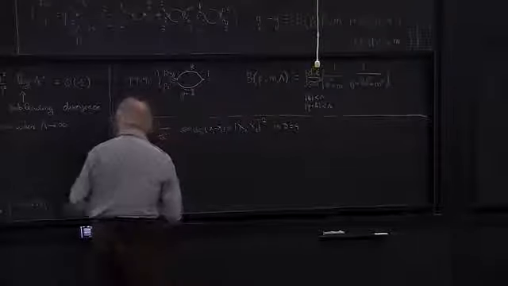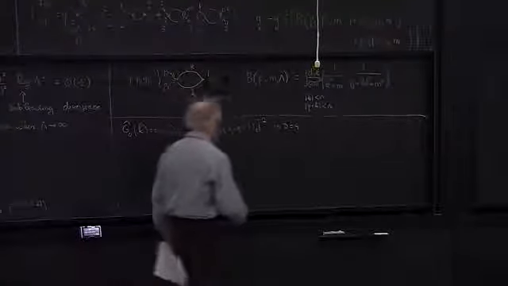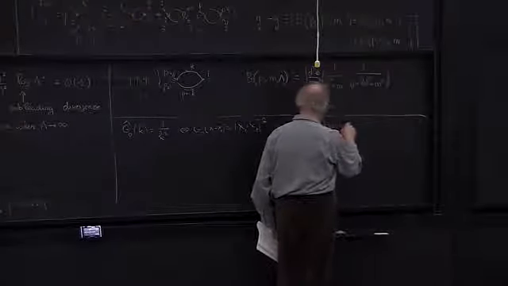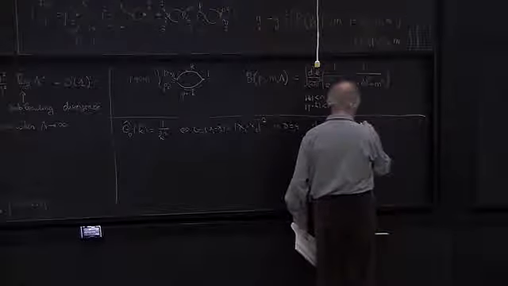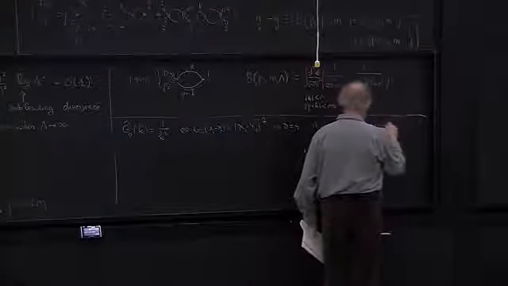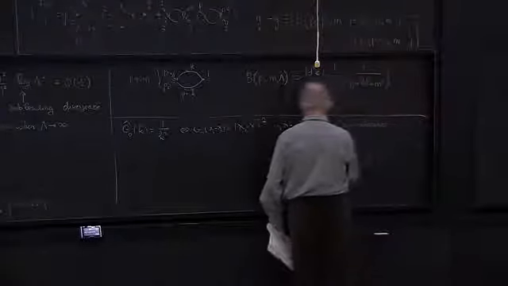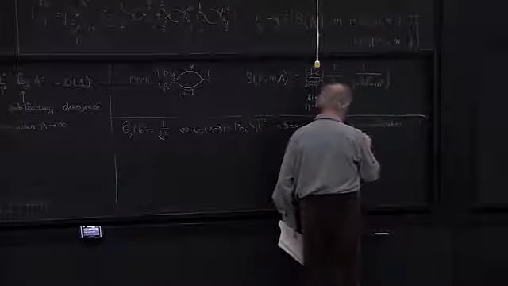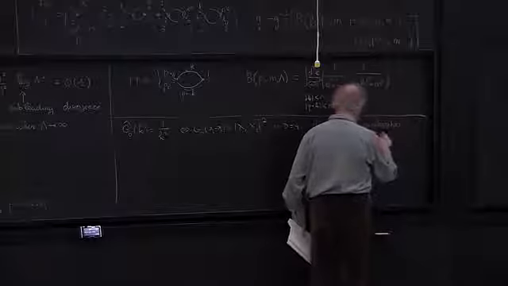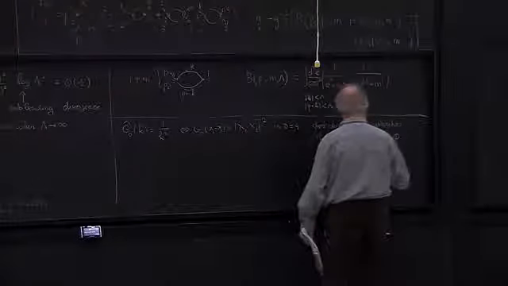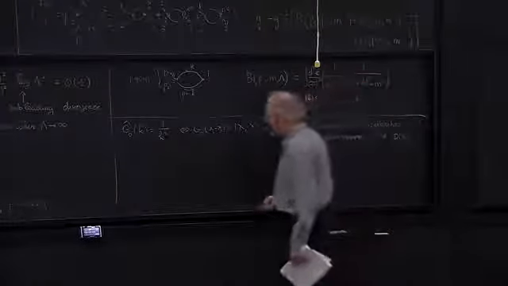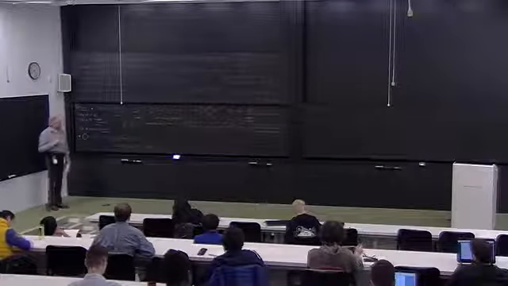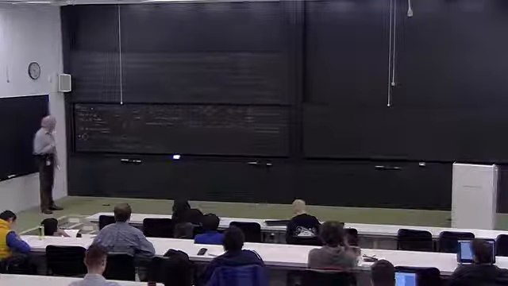Okay, so this divergence comes from the short distance singularities of the quantum field operator phi of x. So it's something that is particular to the fact that it's a quantum field theory.